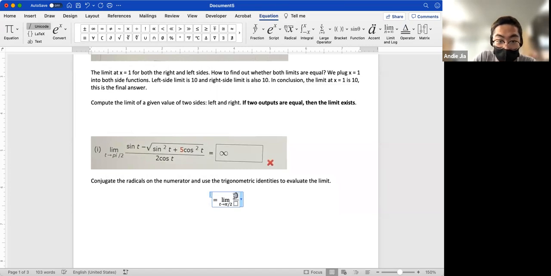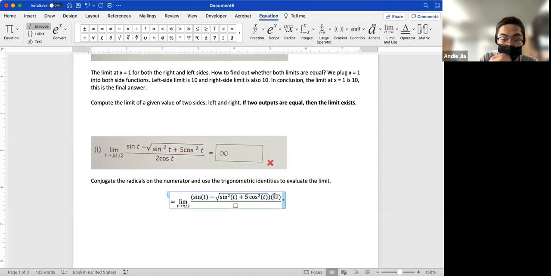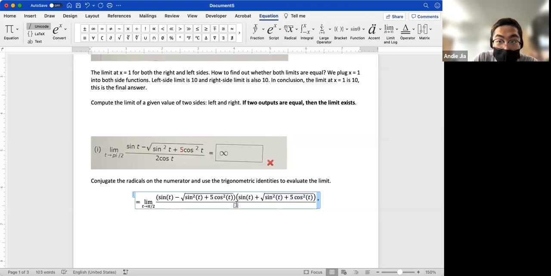I need to conjugate this: sine of t minus this radical, the square root of sine squared of t plus 5 cosine squared of t, times another conjugate, sine t plus this radical, over 2 cosine t.